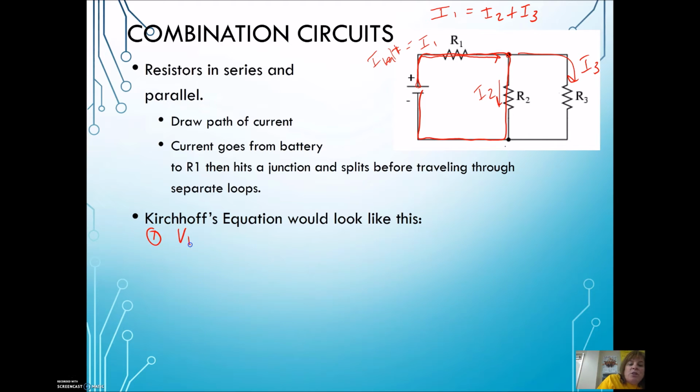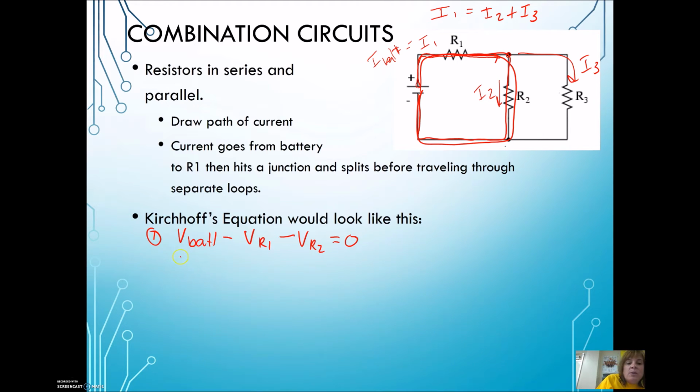We gain voltage at the battery, right? That's where I started. We lose voltage across R1, and then we lose voltage across R2, and that has to equal 0 because I start at the battery, I go through R1, R2 before I get back, and the sum of those voltages has to equal 0. Now, when I write this with Ohm's law, we have to take into account the fact that I1 and I2 are different.